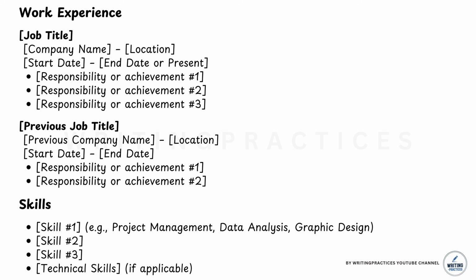For example, search engine optimization, SEO, social media marketing, Adobe Photoshop and Illustrator, data analysis and visualization, Excel, Tableau, public speaking and presentation skills. Tailor this section to match the job description of the role you're applying for. Highlight the most relevant skills to show employers that you're a good fit.